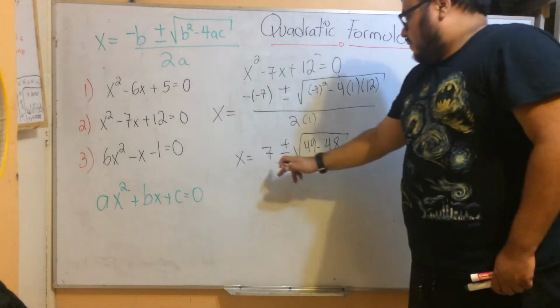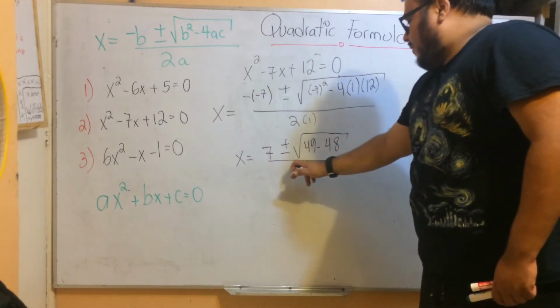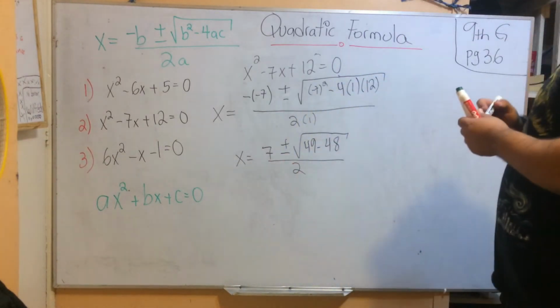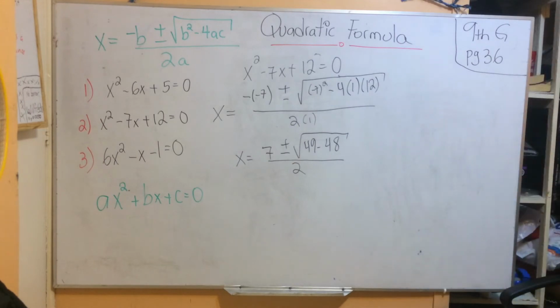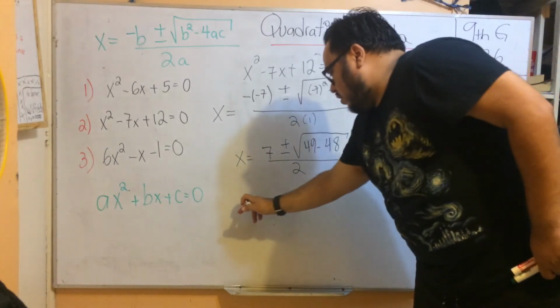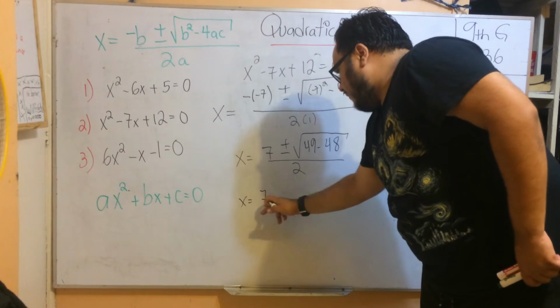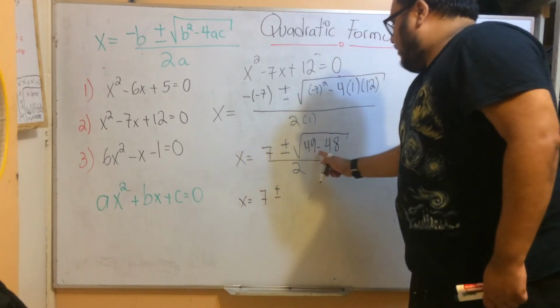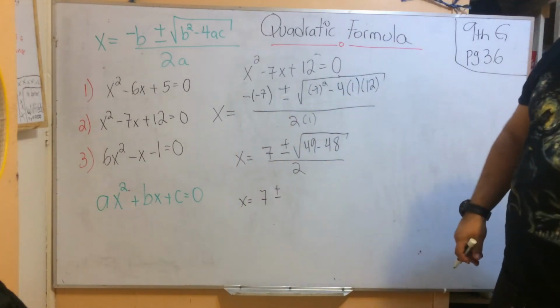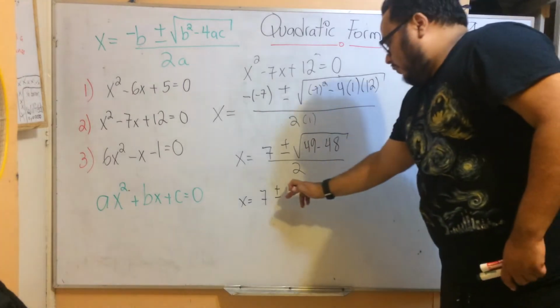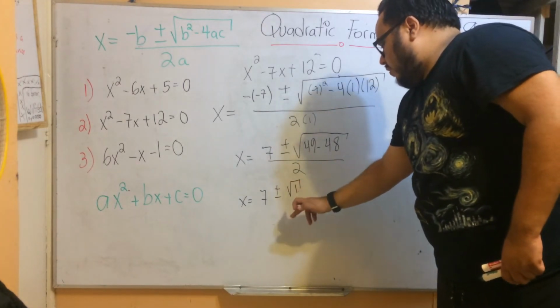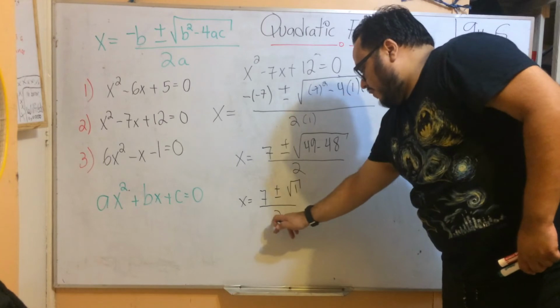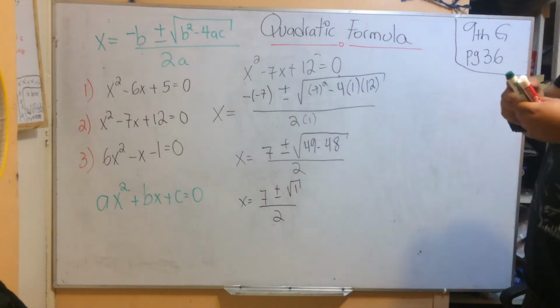And then we have divided by 2. Then we continue to solve. So we have 7 plus or minus the square root of 49 minus 48, which is 1, divided by 2.